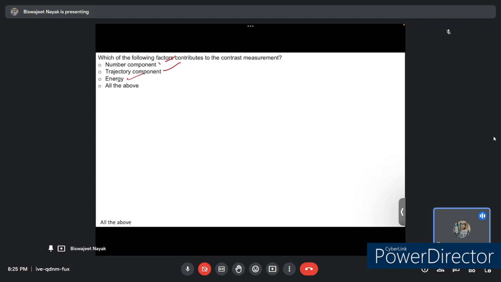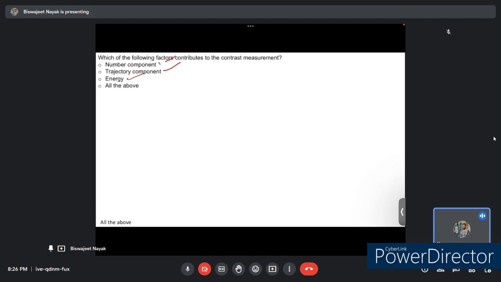Those are the trajectory components of the contrast, and hence the different angles have different contrast with respect to the background. And for the energy component, as we have discussed, backscattered electrons have higher energy, so they can easily give information about the atomic number, because different elements have different atomic numbers, and if they are probed with high energy electrons, they will provide different contrast.